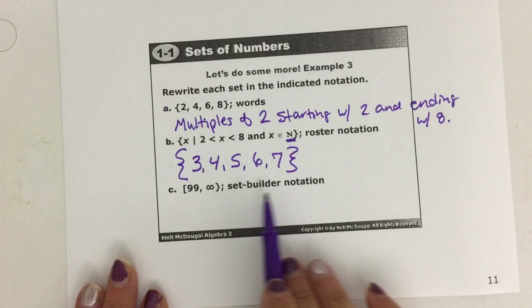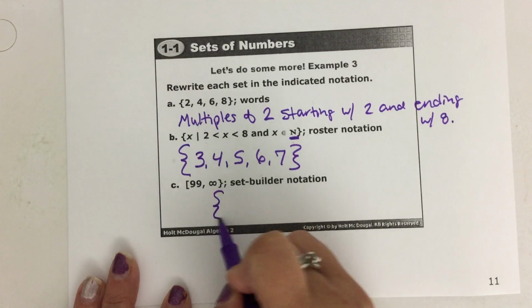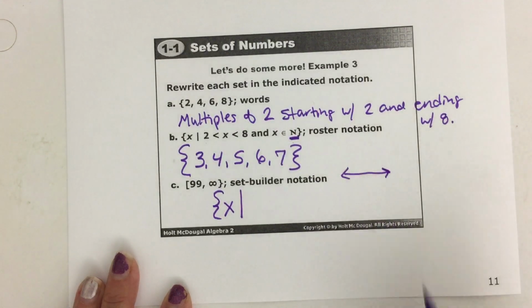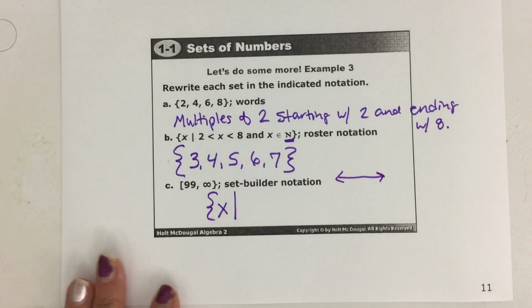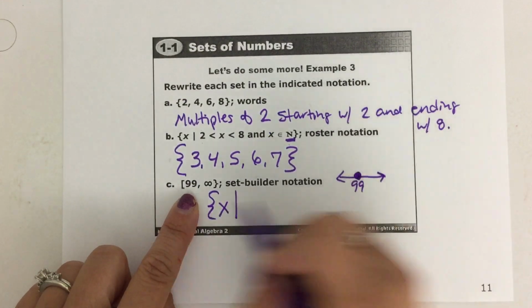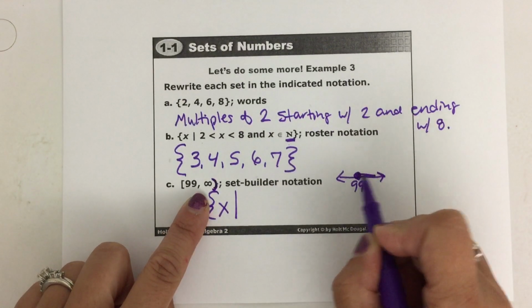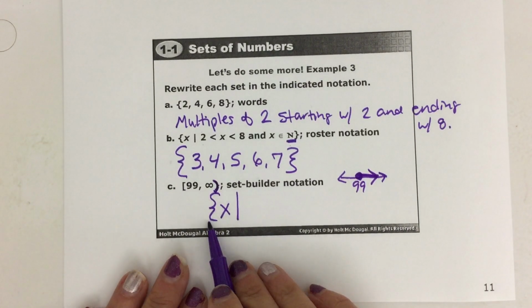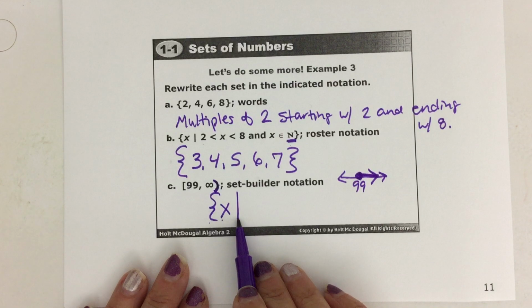Okay, set builder notation. So bracket, X, vertical line. Again, if you are a visual learner like I am, it helps me to do this. If I have 99, this is a filled in circle. This is supposed to be rounded, sorry. I got excited and put that funky bracket going to the right. So bracket, X, vertical line.